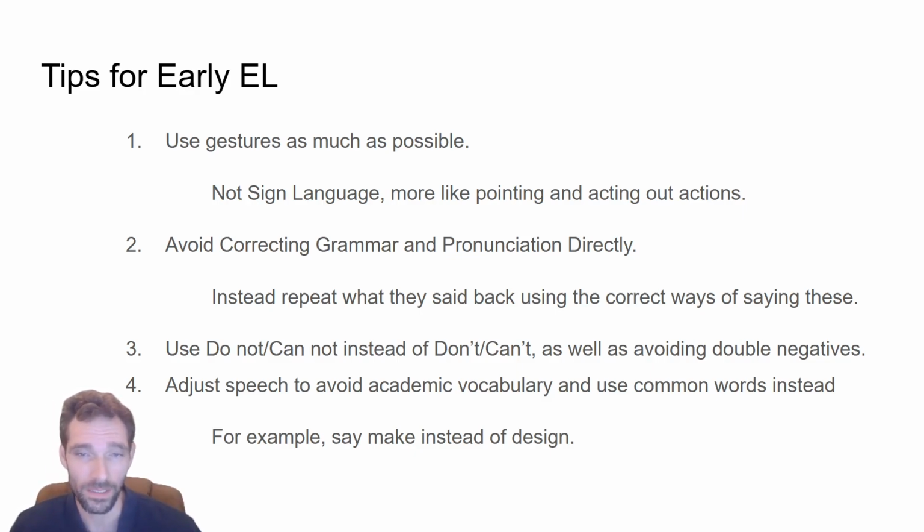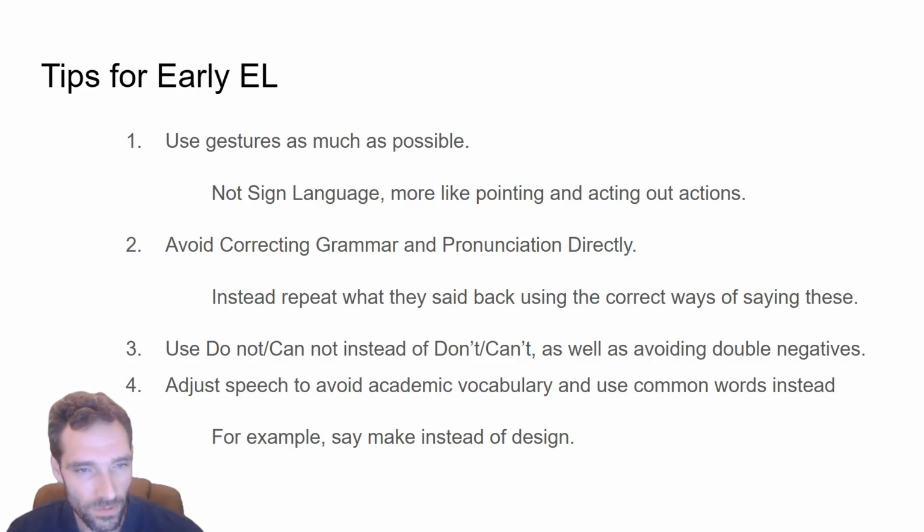Not necessarily correcting them, but just saying, oh, I hear that you said a dog was walking across the street, so that you don't draw attention to the mistake and you're recognizing what they're trying to communicate. If they're paying attention, they're probably going to catch how to actually say something correctly.